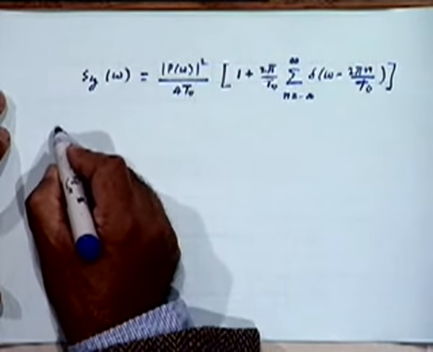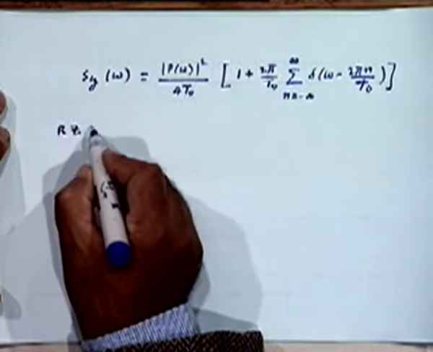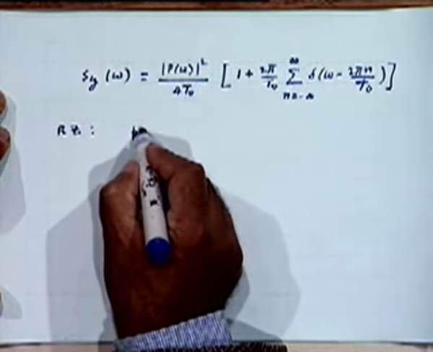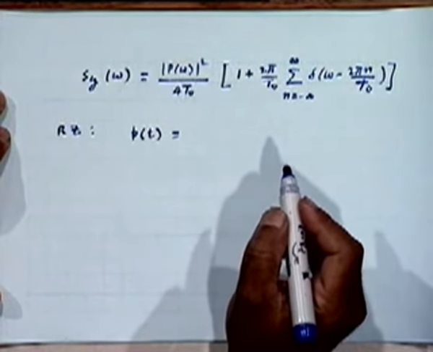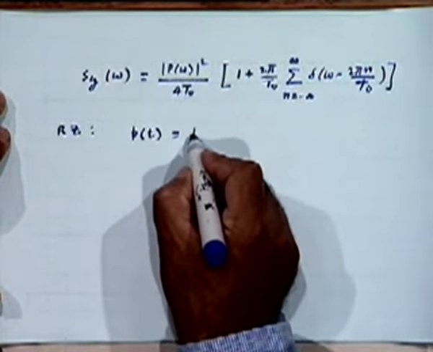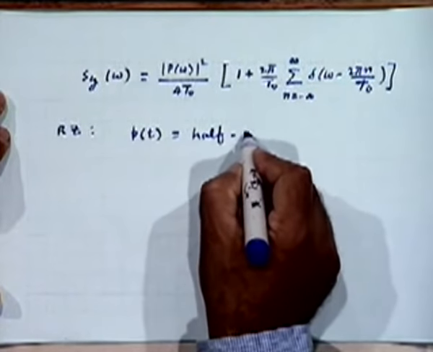Now let us consider the return to zero situation, assuming that your pulse Pt has a duration equal to T0 by 2. We call it half width rectangular pulses.